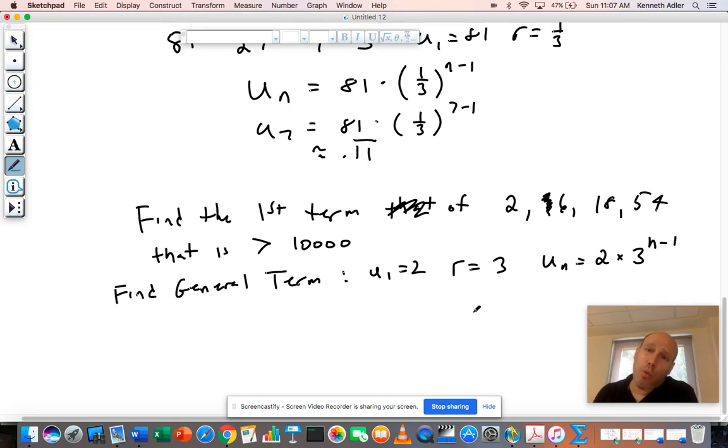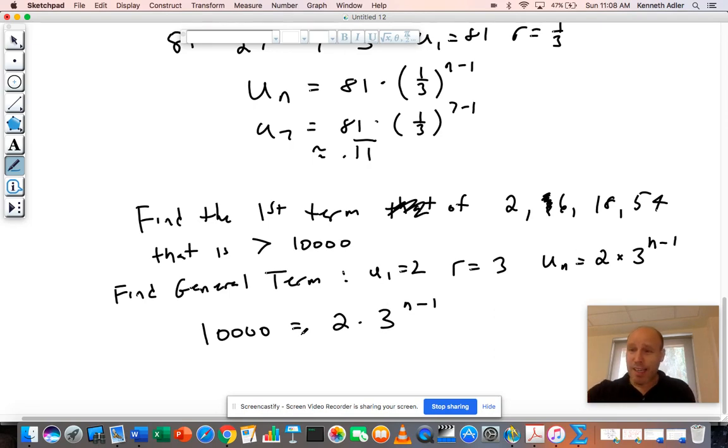Like in the last homework problem, I'm going to see if 10,000 is actually a term. So 10,000 is equal to 2 times 3 to the n minus 1. Now, you can't solve this easily by hand. Some of you might say, I can divide both sides by 2, but then you have 3 raised to the n minus 1 equals 5,000.